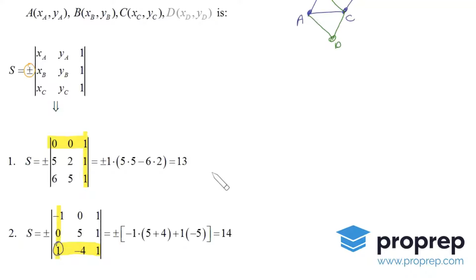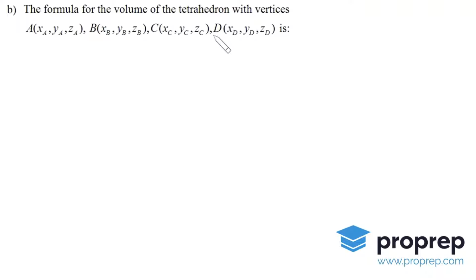Okay, that's part A. Now on to part B. In part B I'm going to give you a formula for the volume of the tetrahedron, but maybe you don't know what a tetrahedron is, or you've forgotten. It doesn't really matter because we could just use the formula, but a tetrahedron is also called a triangular pyramid. The tetra comes from 4 and the hedron is from faces. It has 4 faces.